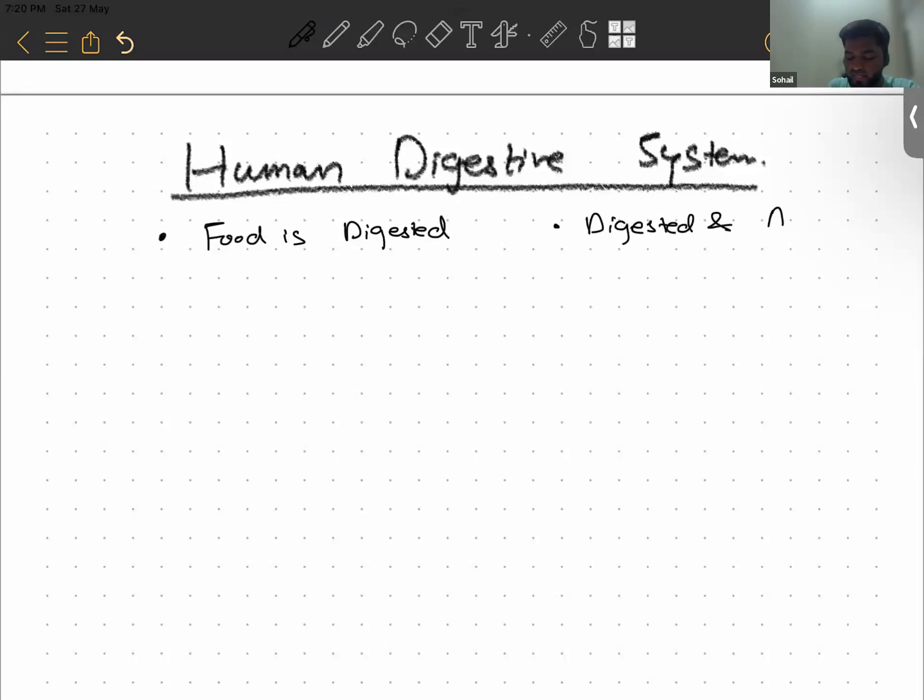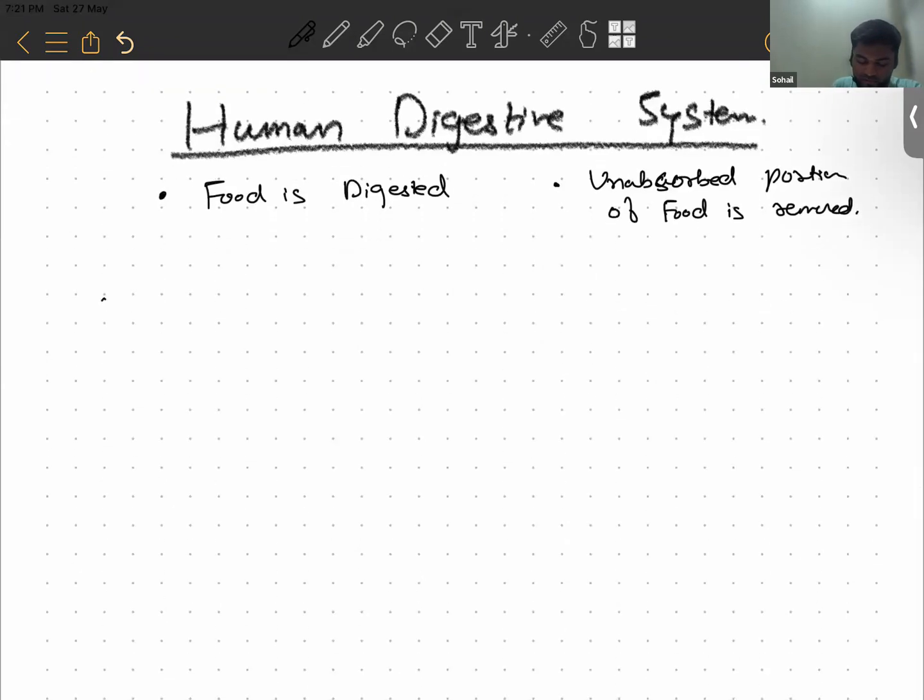Or, to be more specific, we can say that the unabsorbed portion of food is removed here. Now let's have a look at the organs which form the human digestive system.